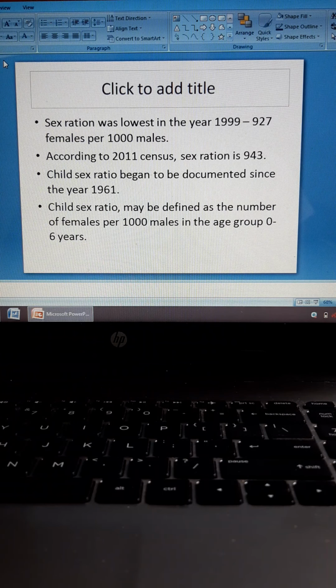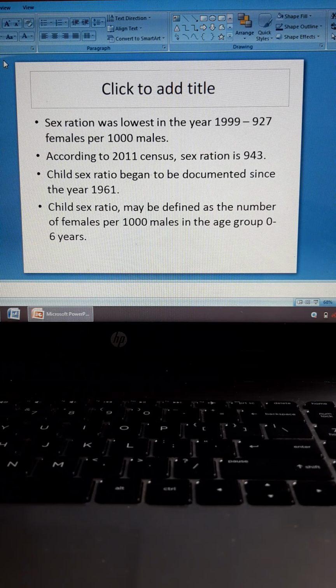Sex ratio was the lowest in the year 1991, 927 females per thousand males. According to the 2011 census, the sex ratio is 943.